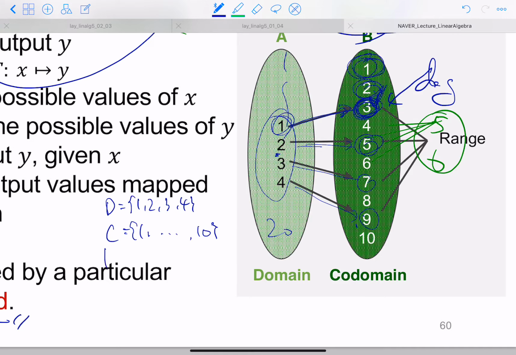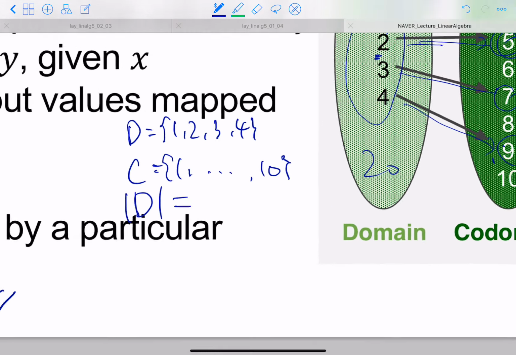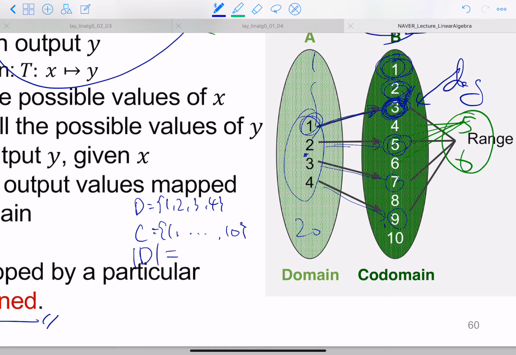And then what is |D|? That is called the cardinality. That is the mathematical name. It is simply the number of elements in the set. How many elements are in the set? It's 4, and for C it is 10, right?